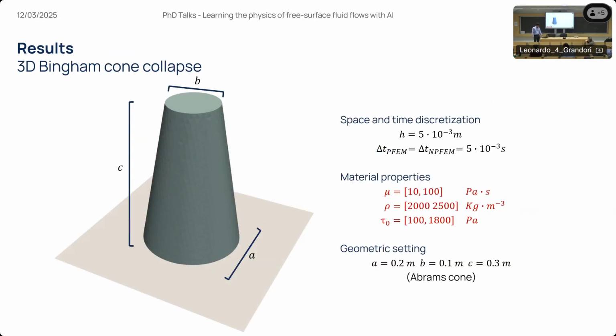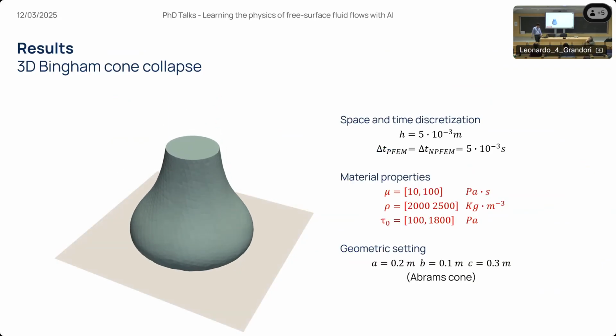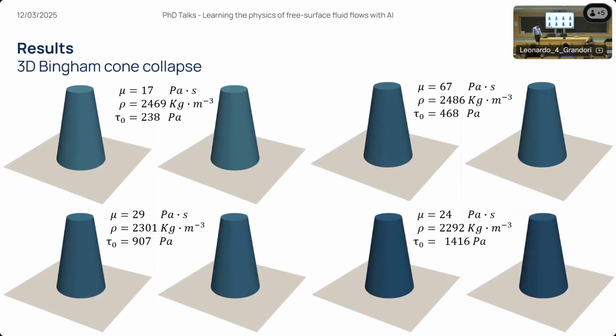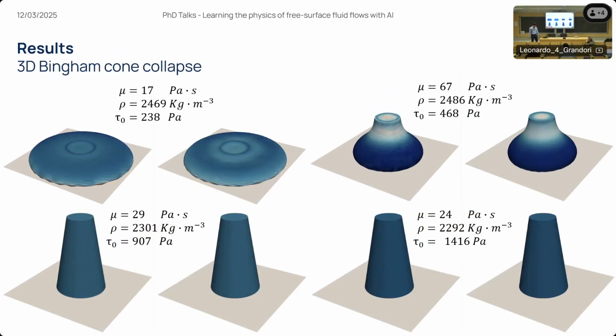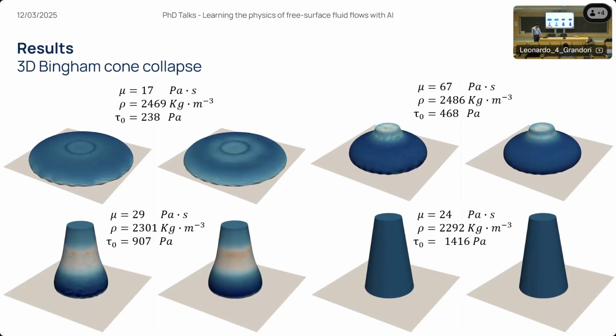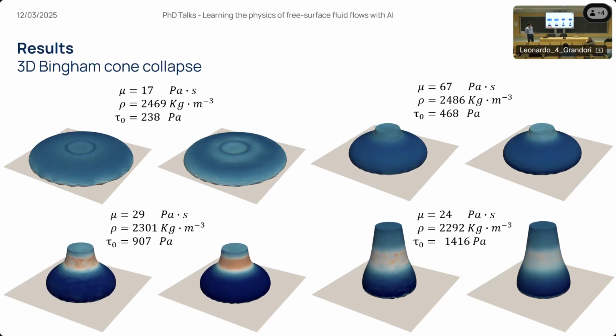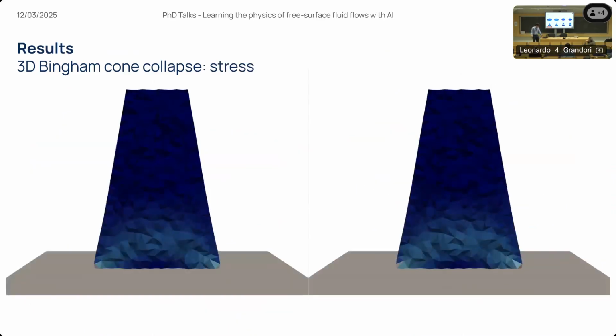And this is finally a 3D example. This is again a Bingham case, and this is a slump test, which is a typical test for concrete. Also in this case, we trained on different material properties, and we can see that the model is able to really reproduce the material properties of the simulation.